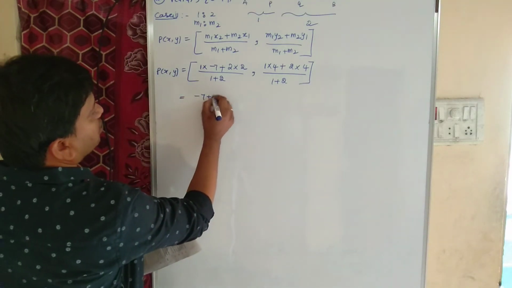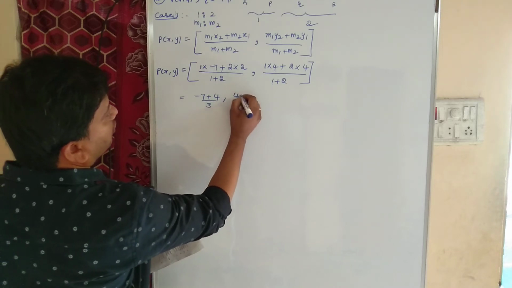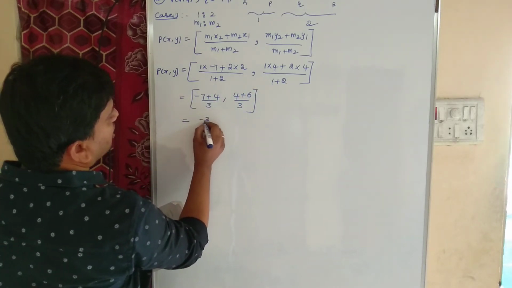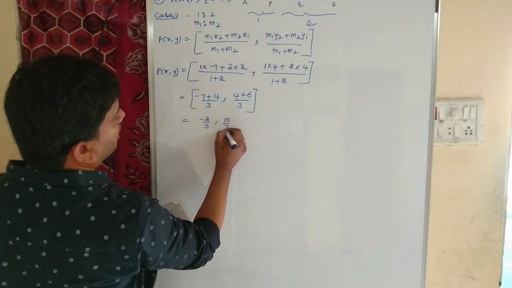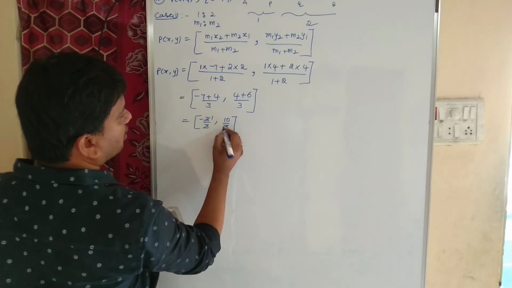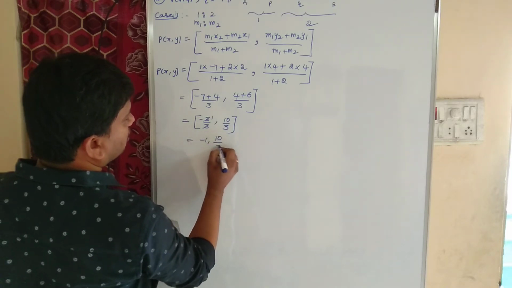So minus 7 plus 4 by 3, 4 plus 8 by 3, minus 3 by 3, 12 by 3. So minus 1 comma 10 by 3.